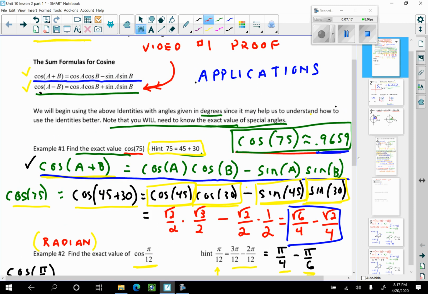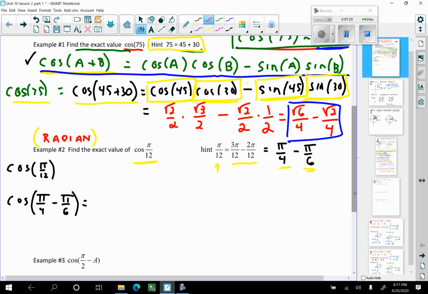Cosine of A, cosine of B. So it's going to be the cosine of the first angle, pi over 4, times cosine of the second angle. And now, is this a plus or a minus? Well, this is a minus, so this must be a no.